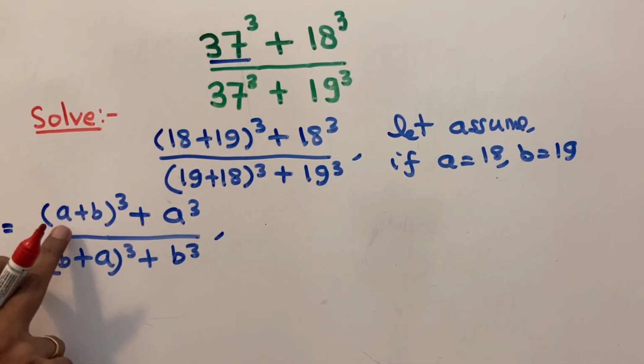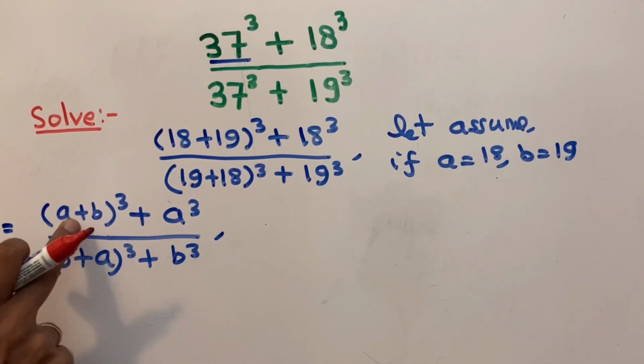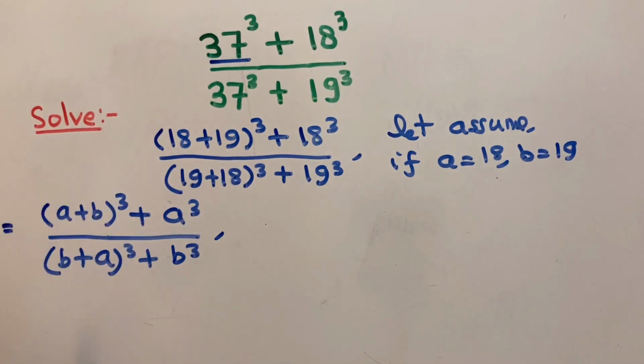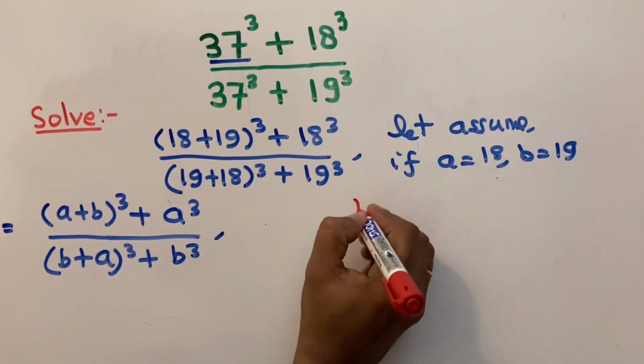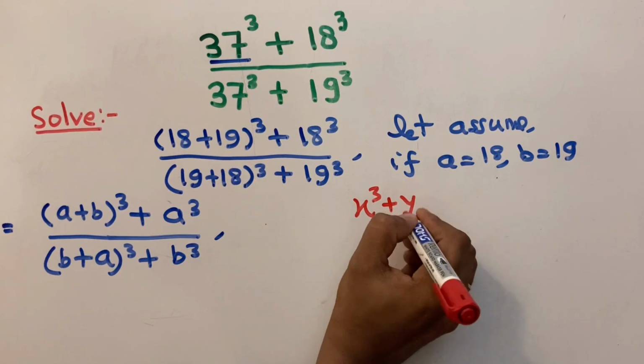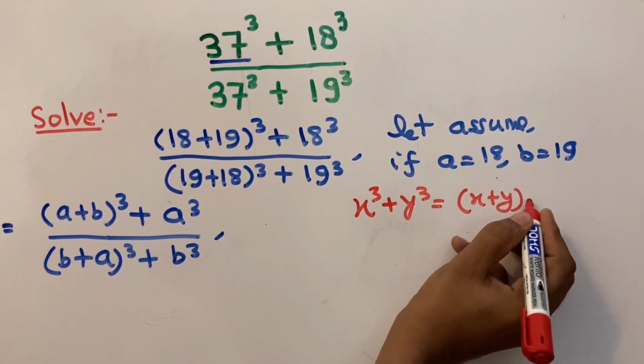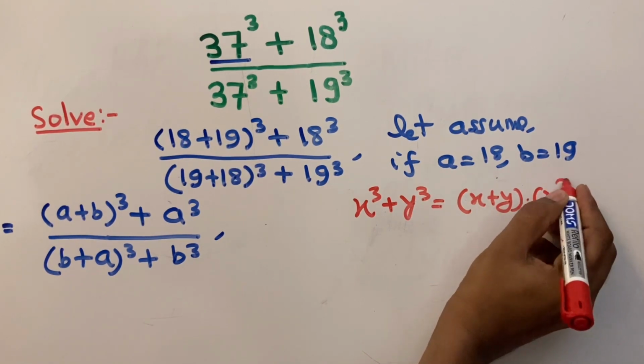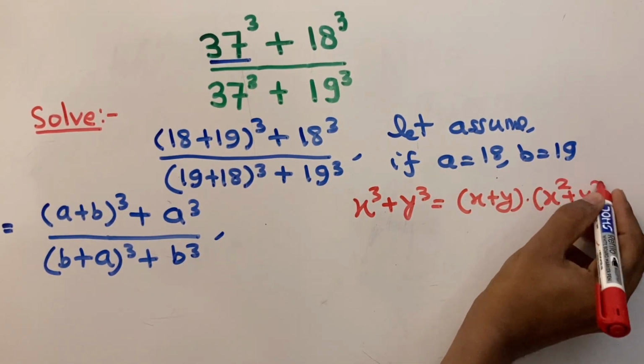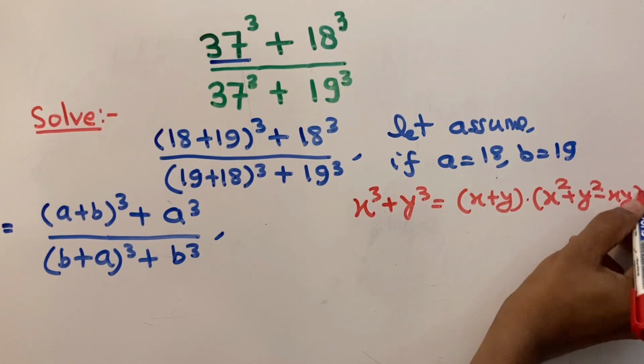Now, as we can see, this expression is in the form of x to power 3 plus y to power 3. So we know that x to power 3 plus y to power 3 is equal to (x plus y) multiply (x squared plus y squared minus xy).